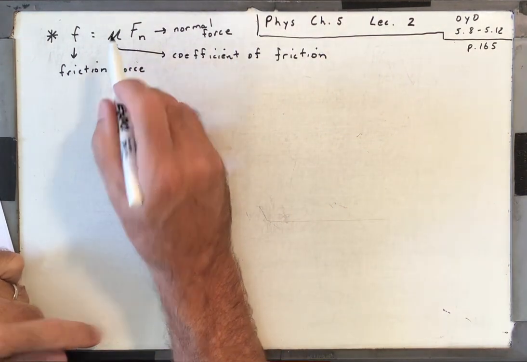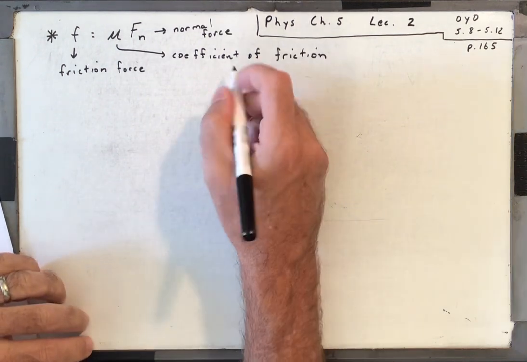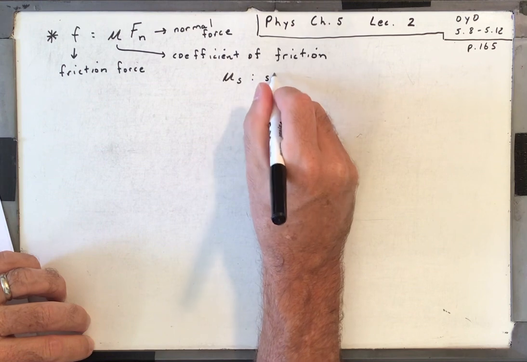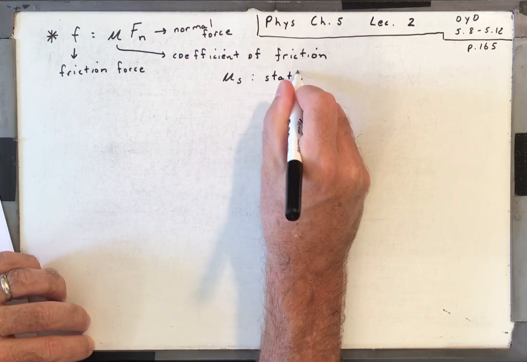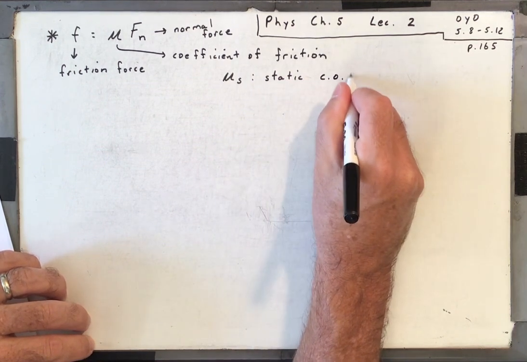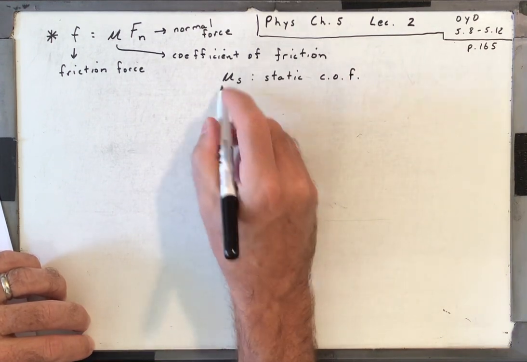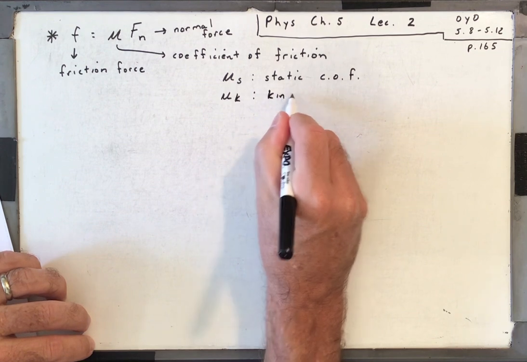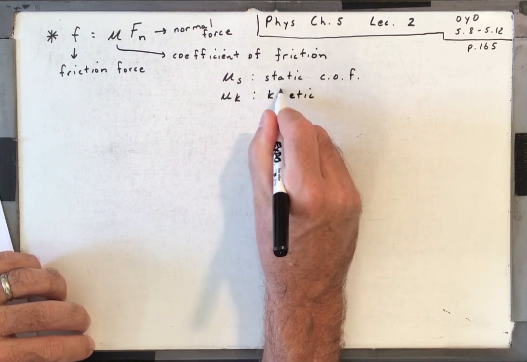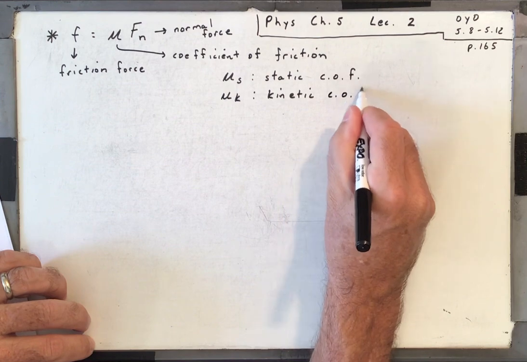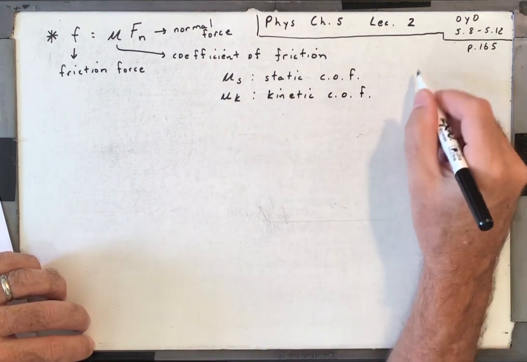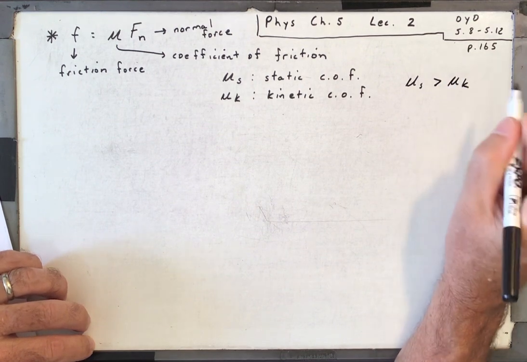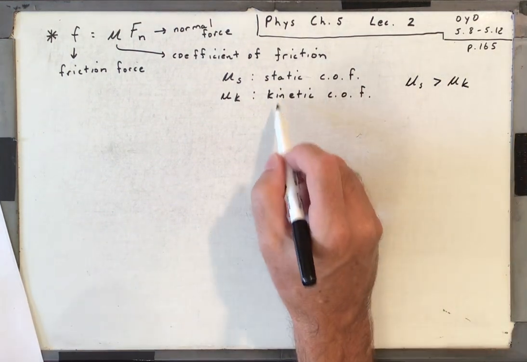Now, you can have two different kinds of coefficients of friction. What we call mu sub s is the static coefficient of friction, and mu sub k is the kinetic coefficient of friction. Mu sub s is always greater than mu sub k because, again, it takes more force to break something loose than to keep it moving.